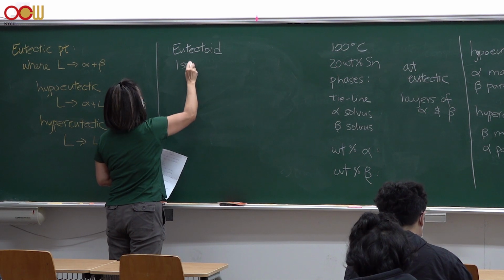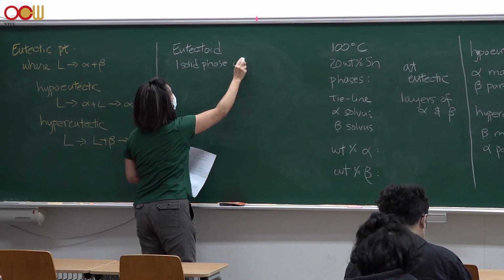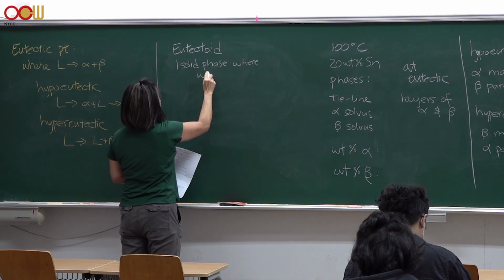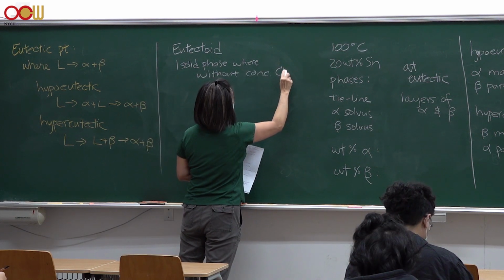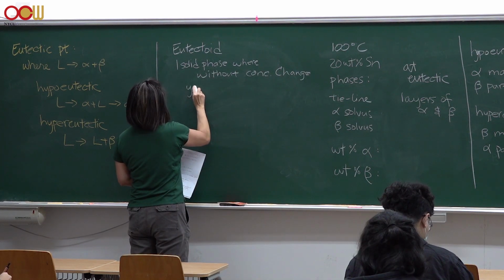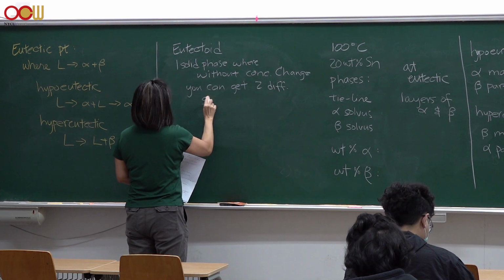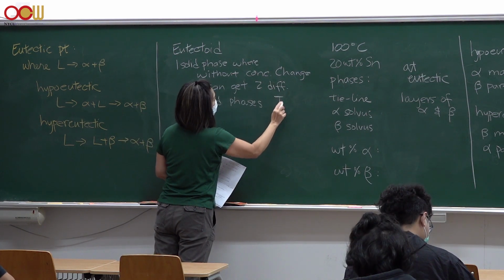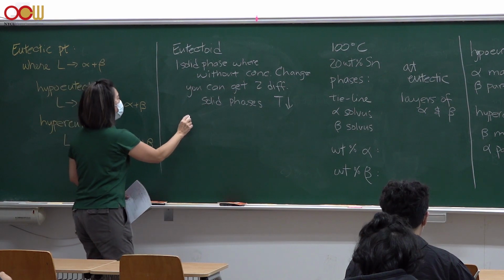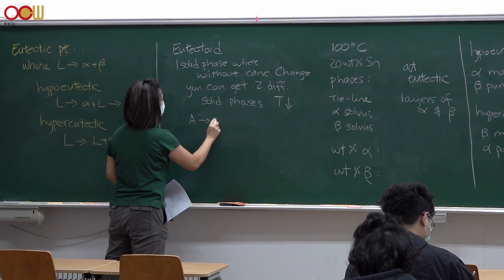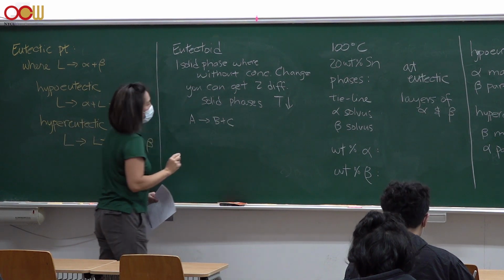Without concentration change, you can get two different solid phases by lowering the temperature. So something like A goes to B plus C, something like that.